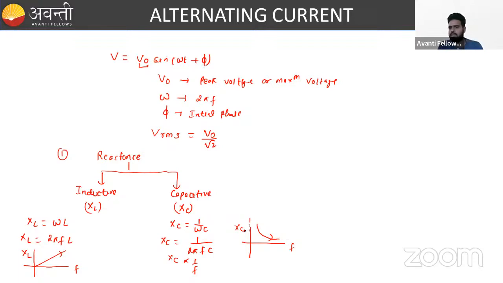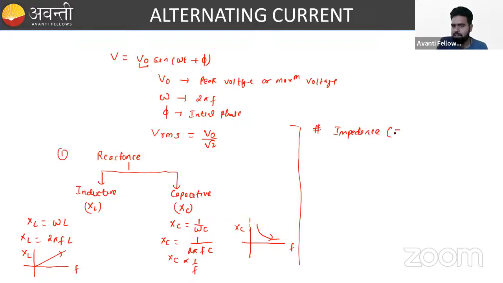And in any circuit where all the elements are present, that is the resistance and both the reactances, we can say that the net resistance of the circuit is known as the impedance.